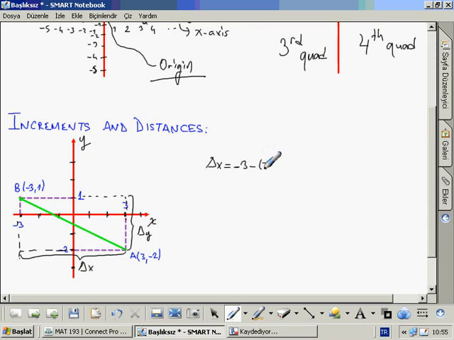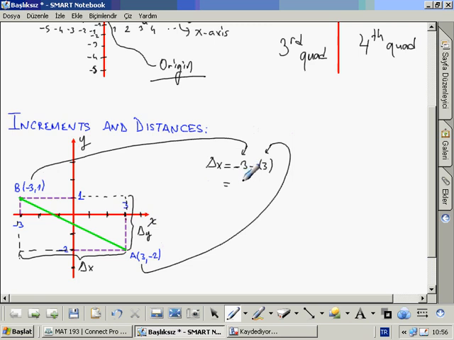Delta X equals minus 3, this is the B's X point, and this is the A's X point, and it equals to X increments, or in the useful meaning delta X, it equals to minus 6. And the delta Y equals 1 minus minus 2, and it equals to plus 3.